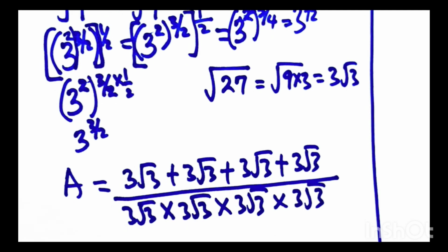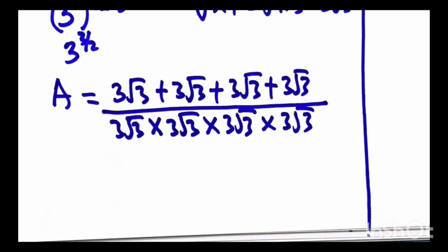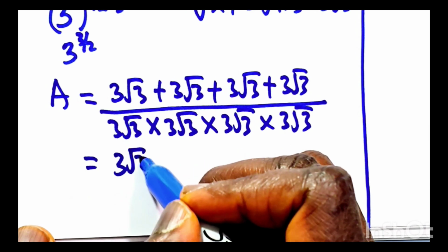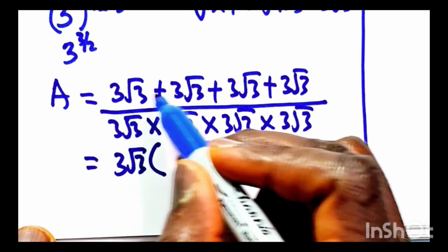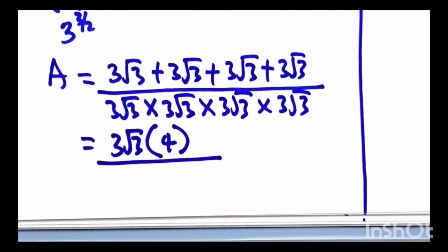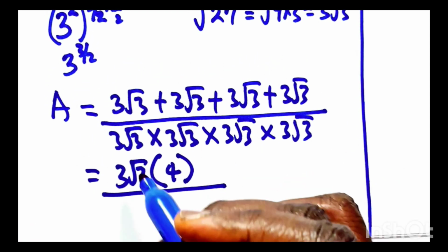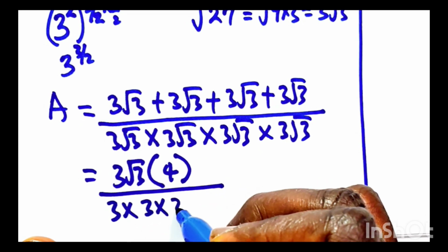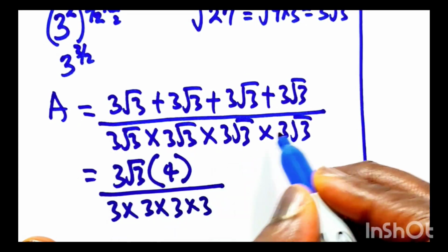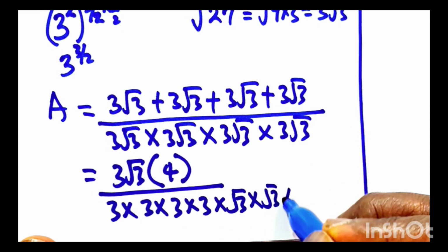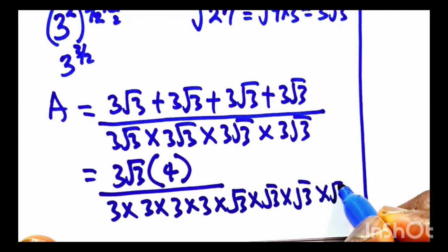Fine. So if that is solved, I can factorize this and say 3 root 3 into 4 places, divided by, the denominator is going to give us 3 times 3 times 3 times 3, times root 3 times root 3 times root 3 times root 3.